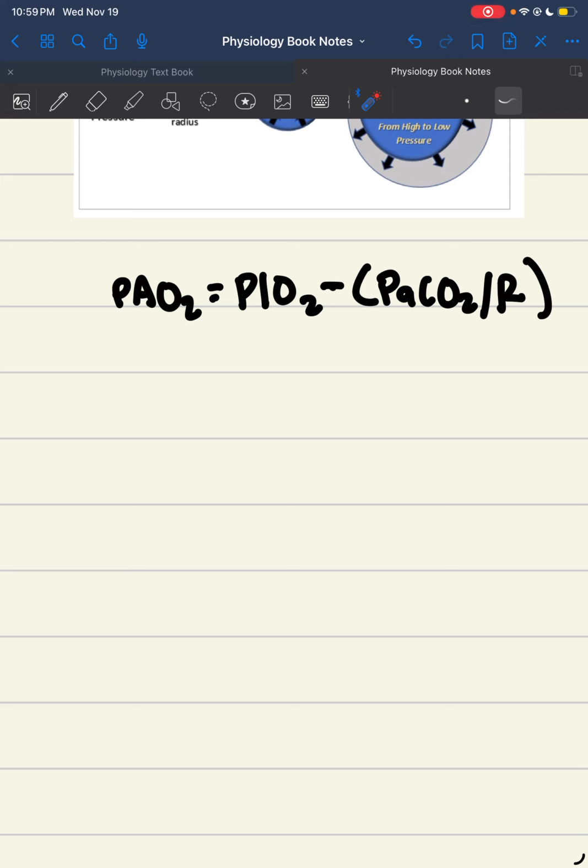This equation can help us determine hypoxemia and hyperventilation, things like that.